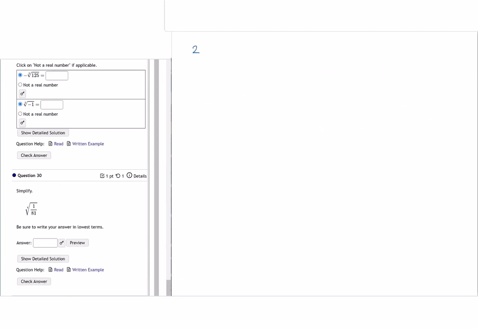29. Negative the cube root of 125. Well, we just did 125, and that negative is outside, so it's negative 5. For the second one, we have the cube root of negative 1.